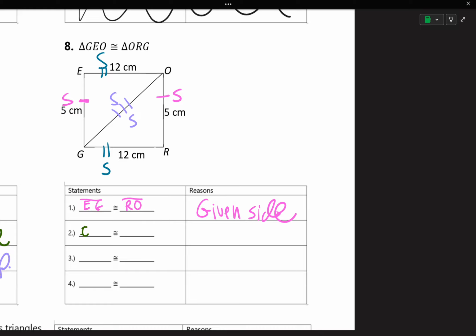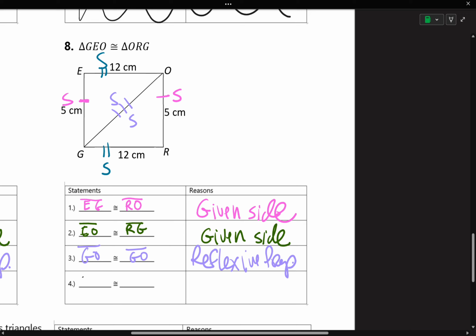We have EO congruent to RG. And then we have GO congruent to GO because of the reflexive property. So we can conclude that triangle GEO is congruent to ORG by side, side, side.